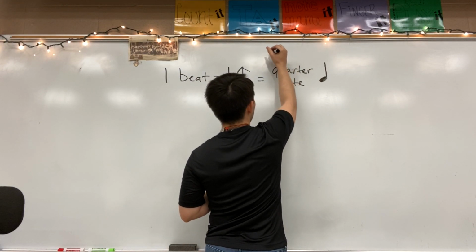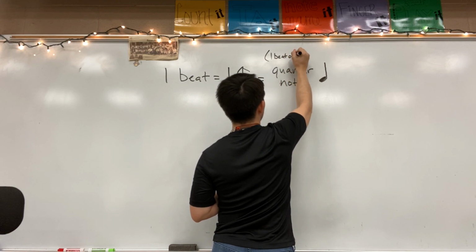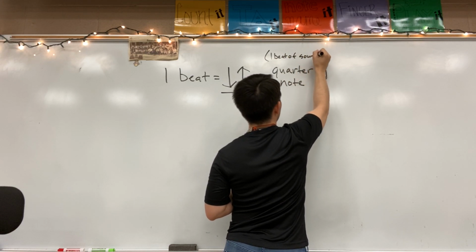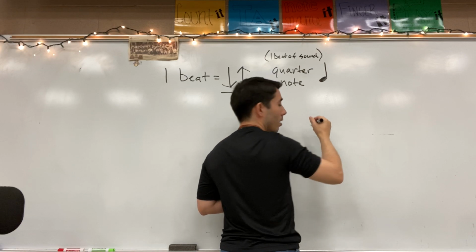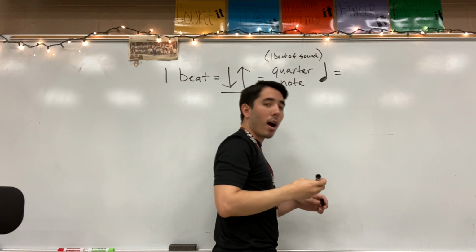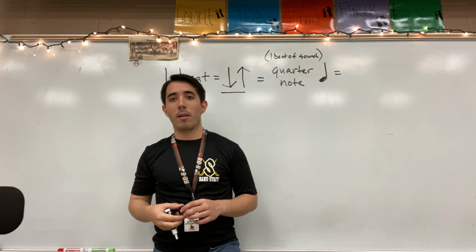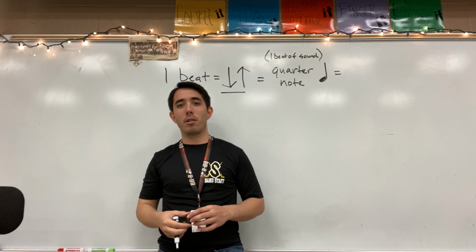I'll put in parentheses here, one beat of sound. Then, if we have room, yes we do, an equal sign. The opposite of sound is also an S word. You might have guessed it, it's silence, good job.